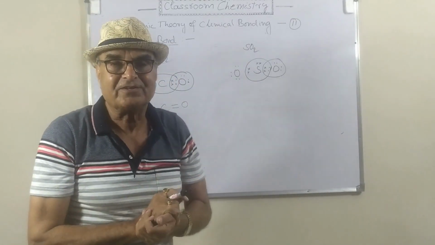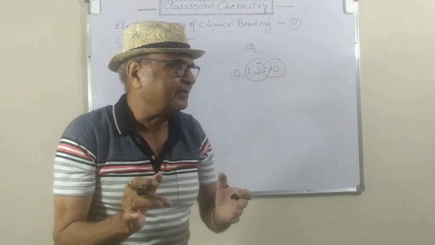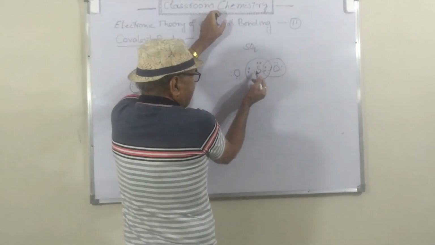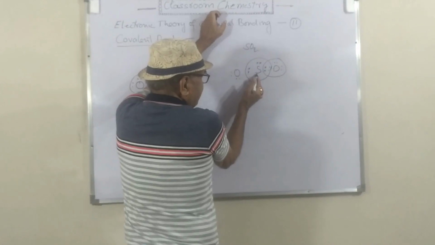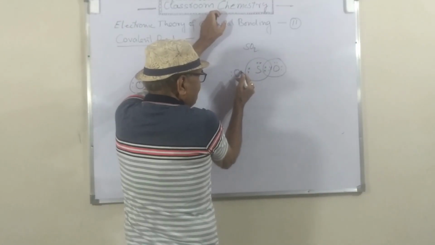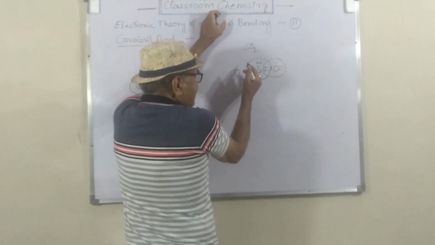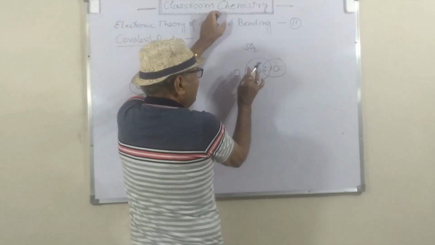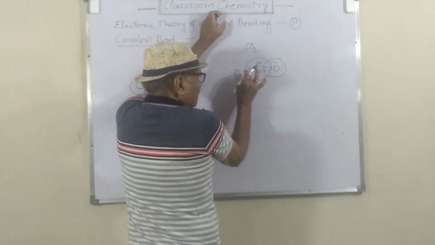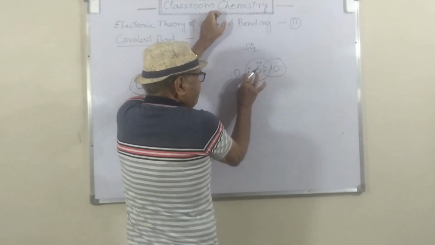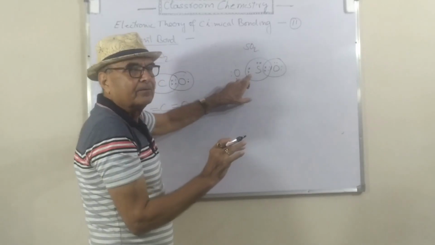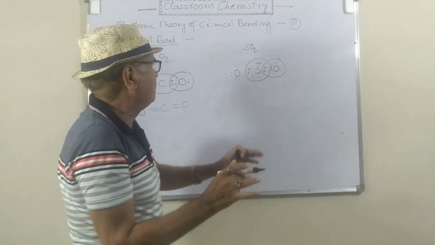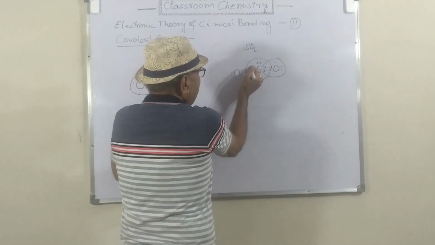In this case, think about it. Here, this sulfur will give this electron to this oxygen, and the sharing of that electron will take place. Or indirectly you can say this lone pair of sulfur will be a shared pair of electrons, both sulfur and oxygen.